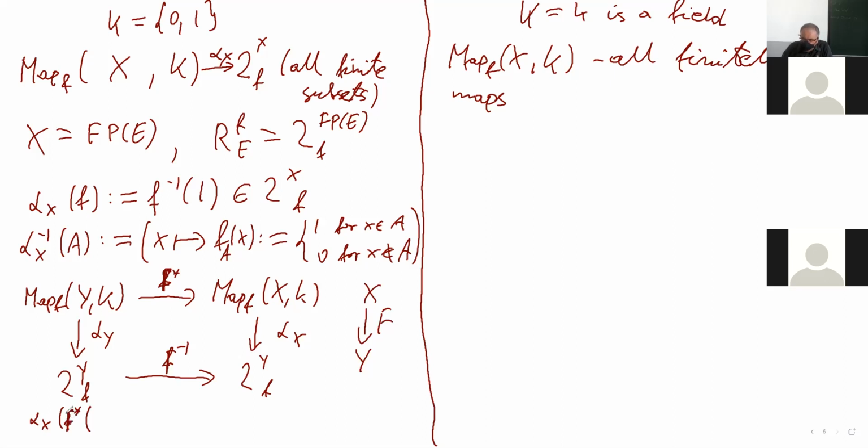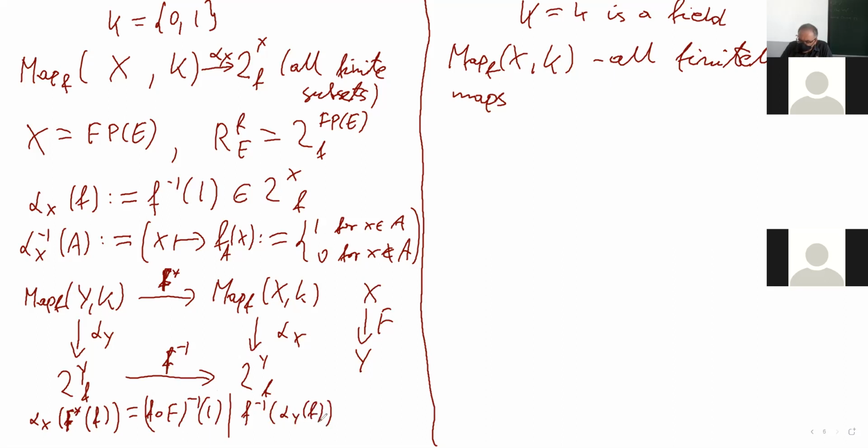Okay, so I use F star of now lowercase f. But this is equal to f composed with F preimage of 1. And what if I do it the other way around? I have F preimage of alpha y of f.